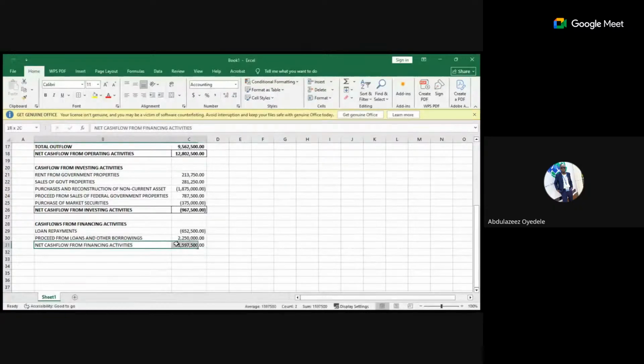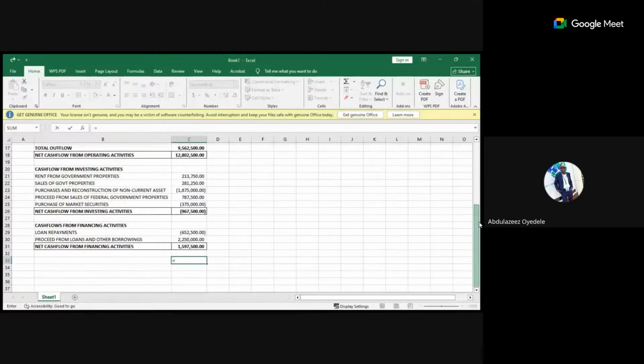We can see that we have used almost all the items that we have, except maybe two that we have not touched. So the next line will be the addition of the three nets: the net from operating activities, the net from financing activities, and the net from investing activities. You add the three of them together.